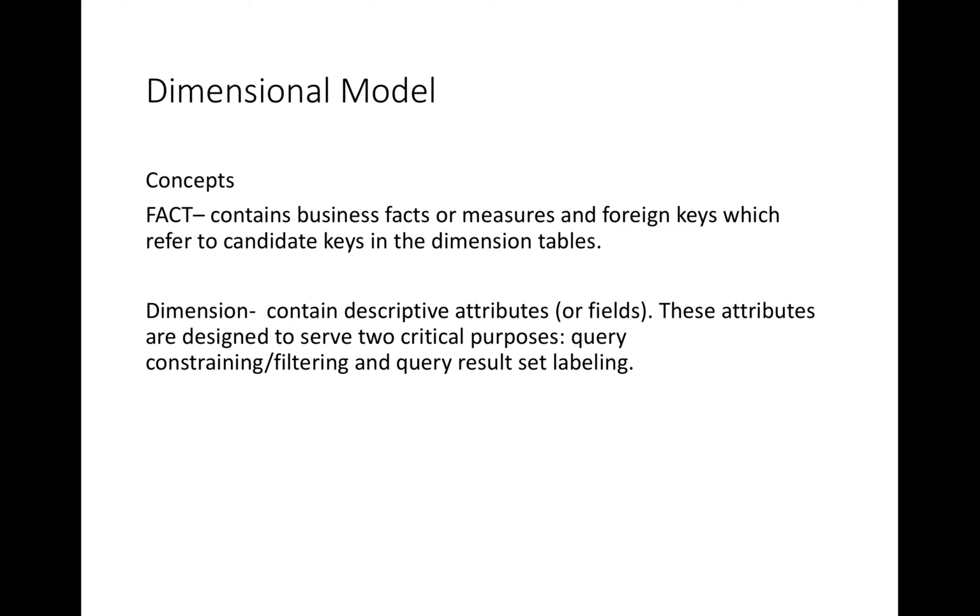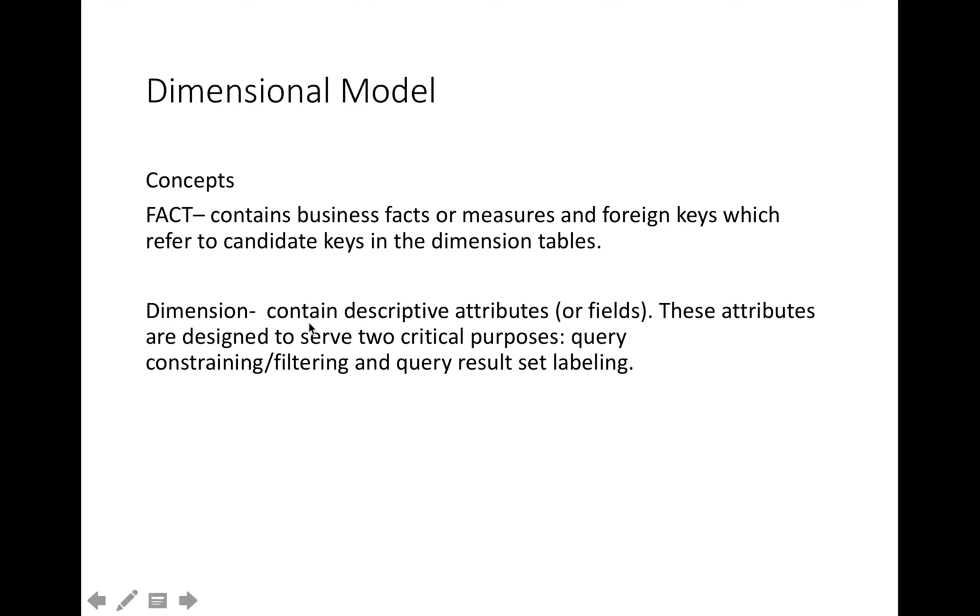Dimensional model. A dimensional model is a way a database is modeled so that it is easy for us to query and retrieve the data. It usually has a fact in the center, surrounded by all the dimensions. Fact is the actual measure, for example sales or students' marks, anything that can be counted or measured.